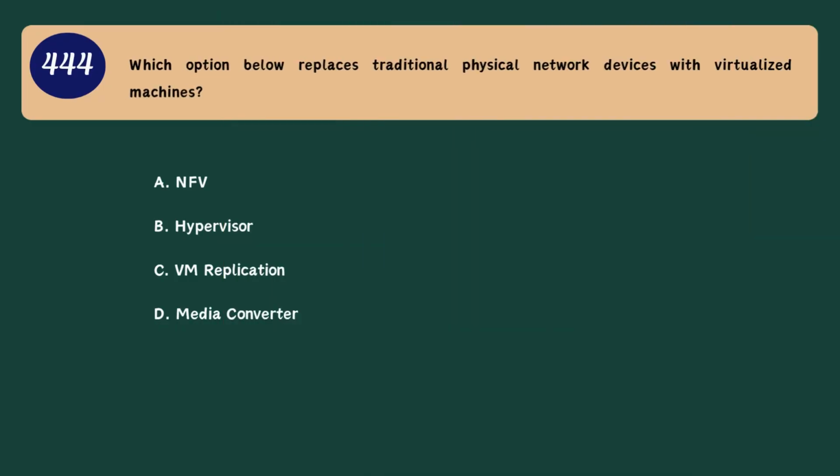Question 444. Which option below replaces traditional physical network devices with virtualized machines? A. NFV. B. Hypervisor. C. VM replication. D. Media converter.